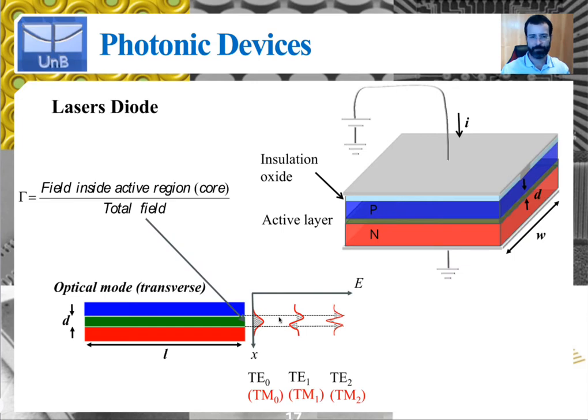Well, if you recall, in a Fabry-Perot type laser, or even in other types of lasers fabricated using double heterostructure, the active region, which is the green region here, will form a slab waveguide or even a 2D waveguide depending on the fabrication process.